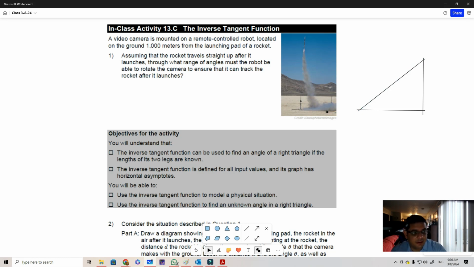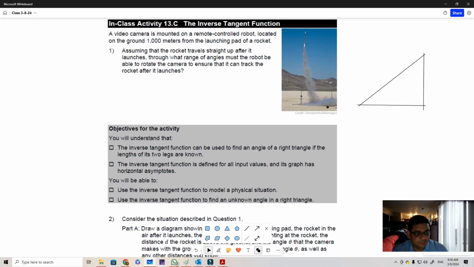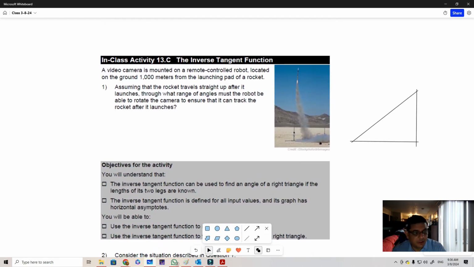So again, here's going to be the rocket. And this is a distance d from the ground, or the height. This is the angle of elevation from the camera, that is here. And there's a distance here between the launching pad and the camera of 1,000 meters.